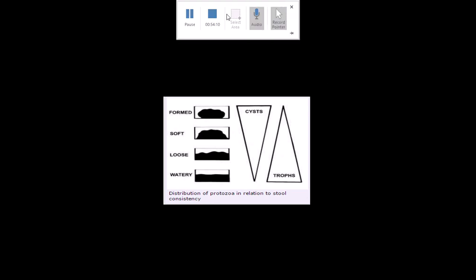So the consistency of the stool is important. Remember those, whether it's watery or loose, soft, minor liquidy, or formed, more of a constipation. So the consistency of the stool is very important.